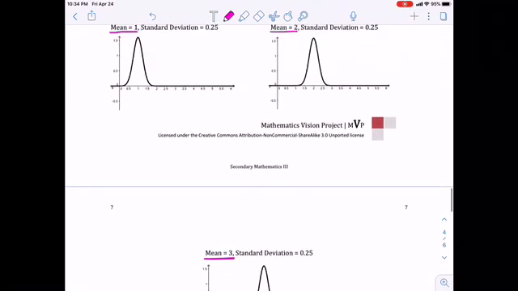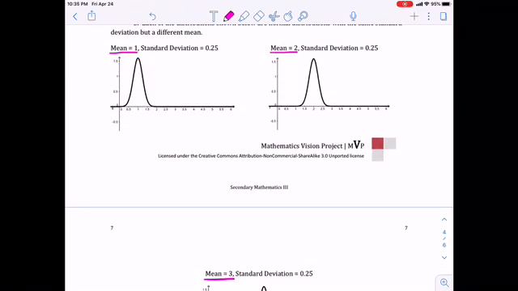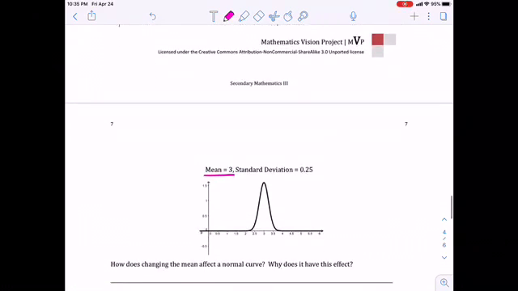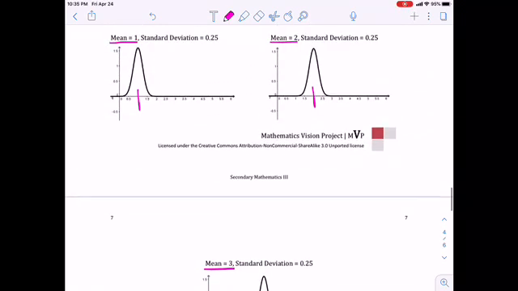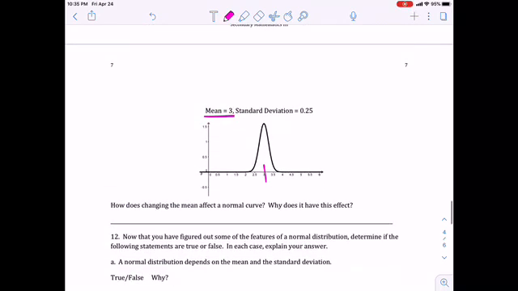So if you look at these three pictures, hopefully you'll notice that where that mean is tells me where the middle of the peak is. So that's causing my graph to shift left or right. Notice that the curve is the same. All that's happened is it's moved left or right.